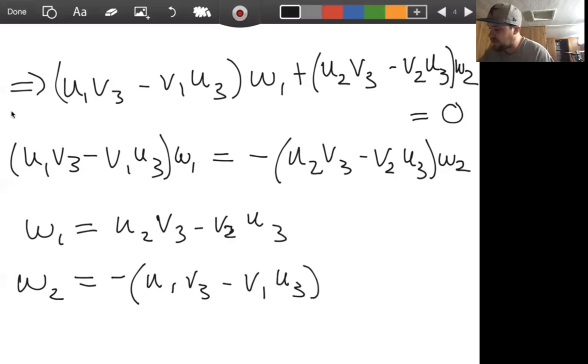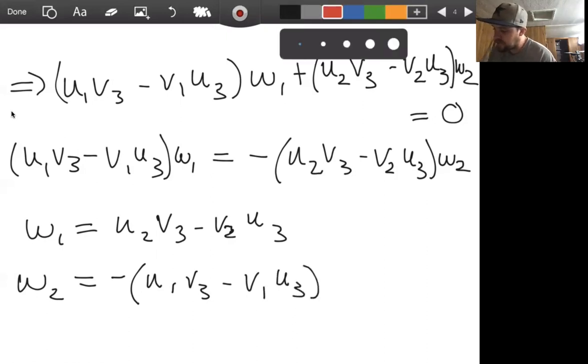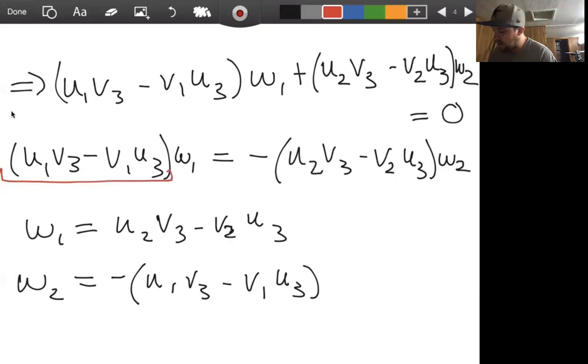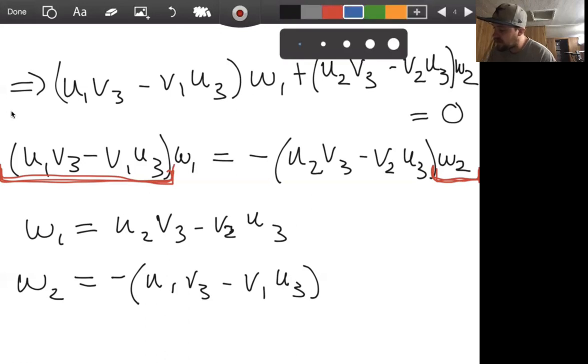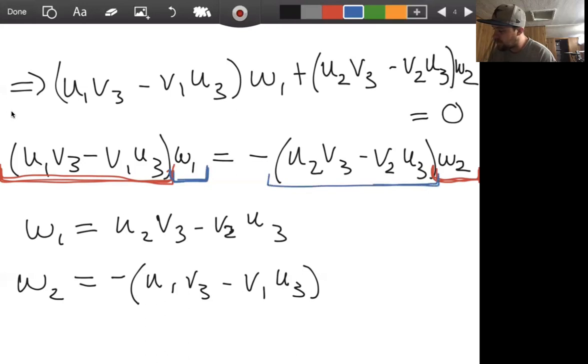We just kind of see, okay, well, we have this term over here, and if we want cancellation in this formula, we can just set w2 equal to the negative of whatever was over here, and this gives us the cancellation we want. And then the negative with the negative out front makes a positive, so to make this equation true, we just had to set w1 equal to whatever was on the other side of this equation.